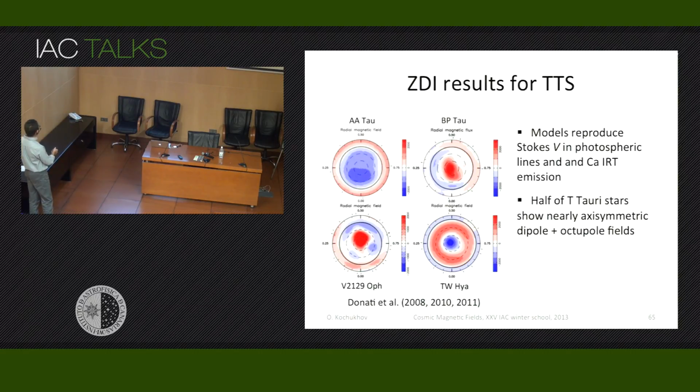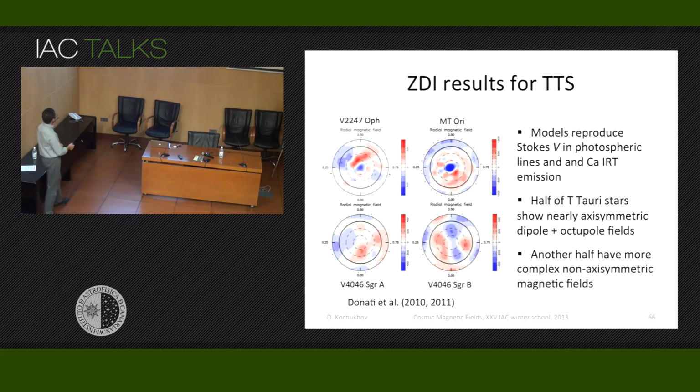So this would be a purely dipolar field, and this is an octopole-dominated field, and various possibilities of different combinations. So, axisymmetric field. But another half of their targets show much more complex fields with non-axisymmetric contributions and also smaller field strength.